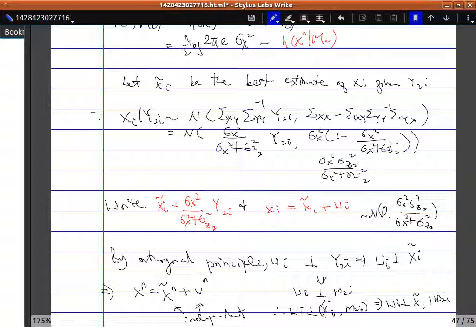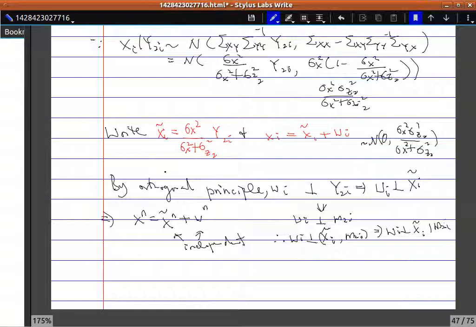We can write xi as xi tilde plus wi here. Now the wi is like the error, and the distribution of this wi, as we see here, is just zero mean with the variance of this conditional random variable, with this variance here.